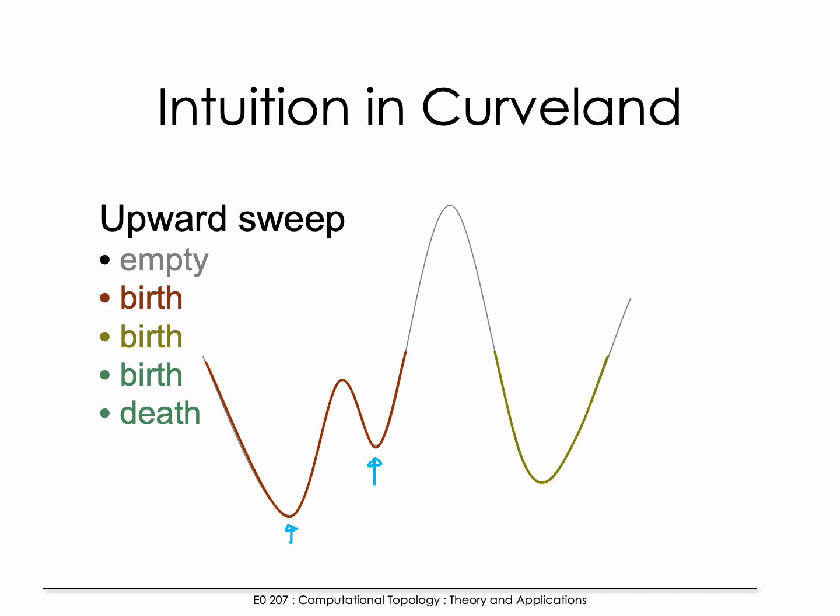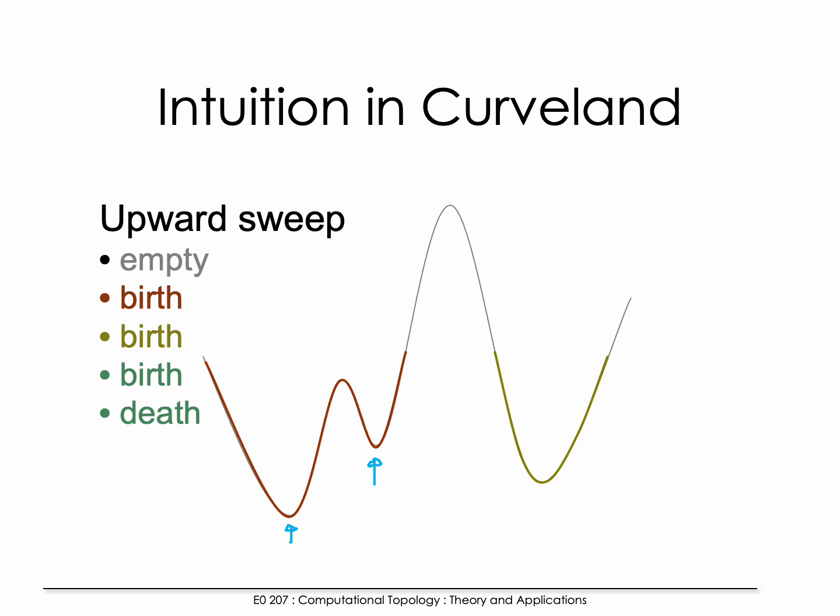Now, instead of thinking about this as a merge event, I want to rather talk about this as a death event, where one of the components dies, so that I have only one surviving component, and the surviving component is now shown here in brown.